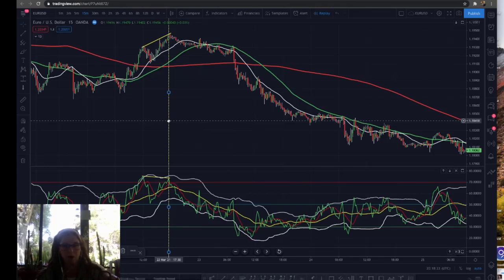If you don't know how to calculate risk to reward, I have a video on that also in my playlist. It is a very important thing to have. If you don't have it, I highly suggest you start using it. So this trade right here on the 15-minute time frame is where we enter.